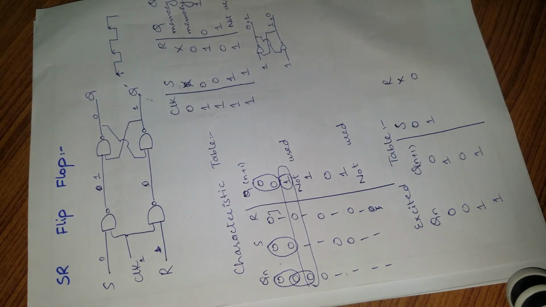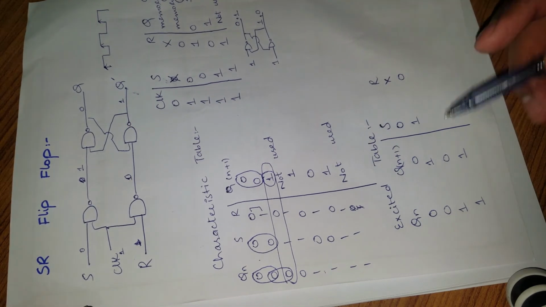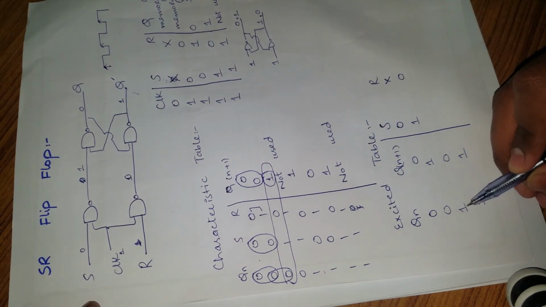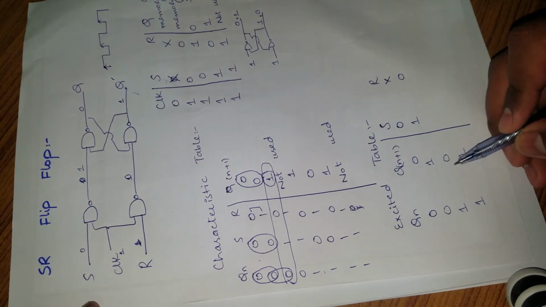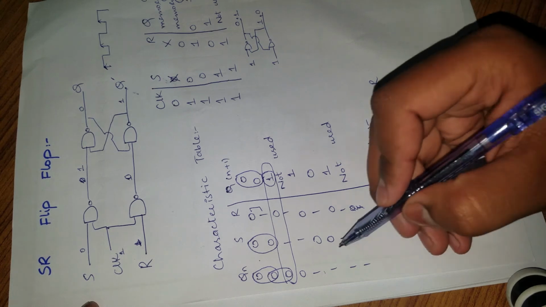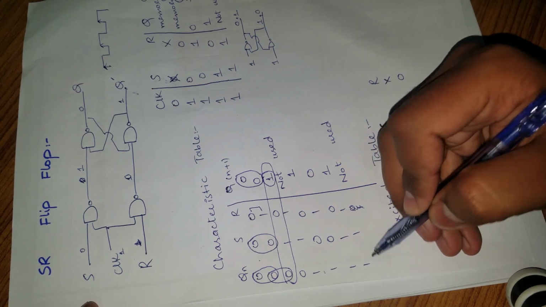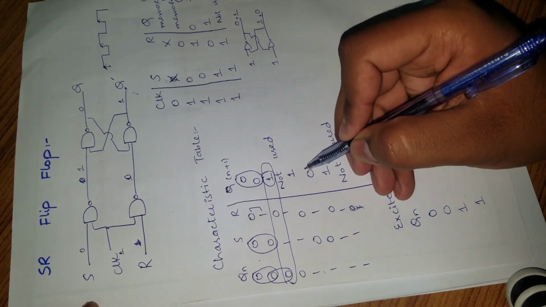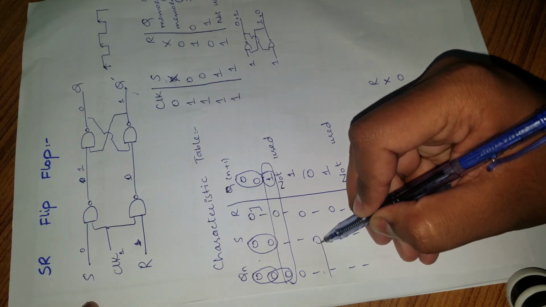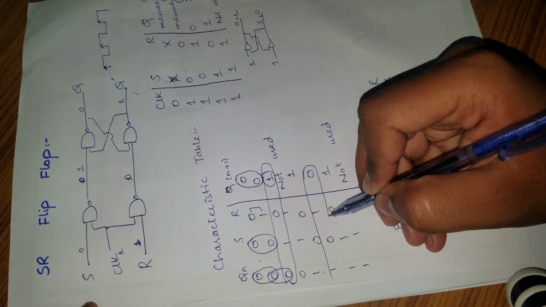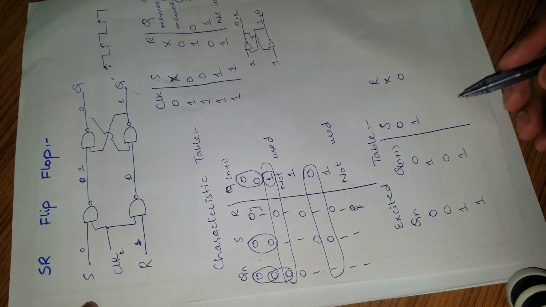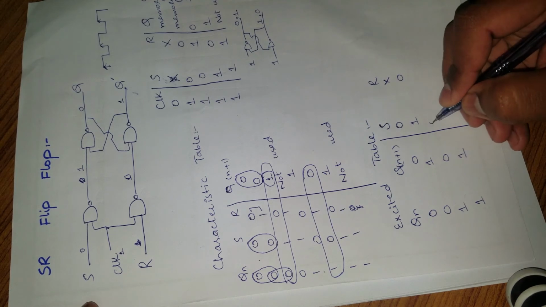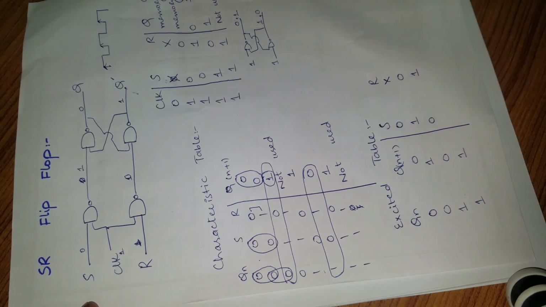From this we conclude that SR is always 1 and 0 when we have output 0 and 1. In the next stage, if Qn is 1, we have 4 combinations. For Qn 1 and next state 0 we have only one combination, so we will take only this combination. In it the value of S and R is 0 1, so we can write this directly.